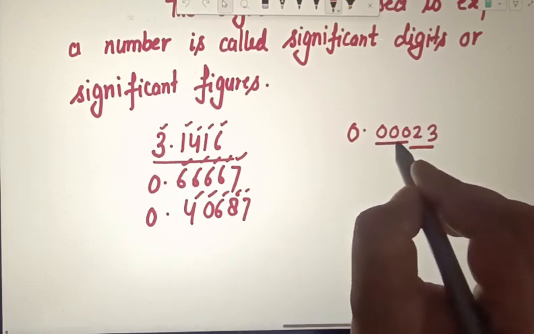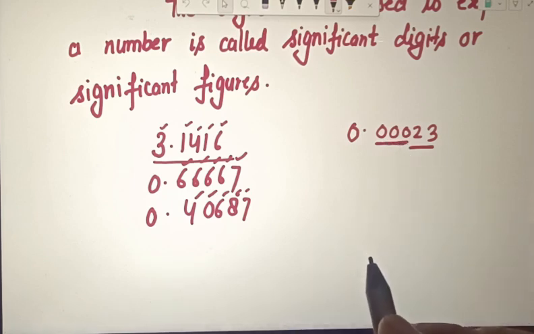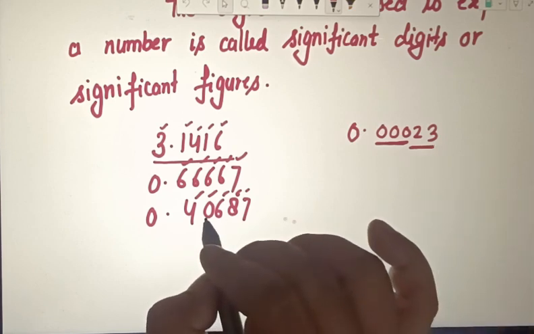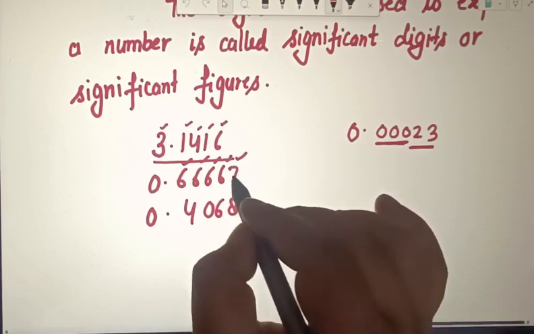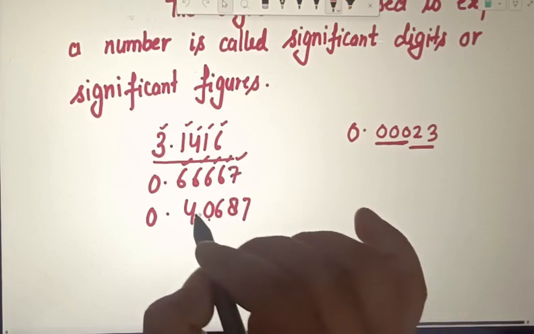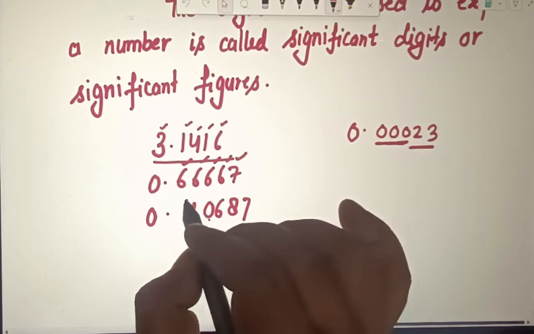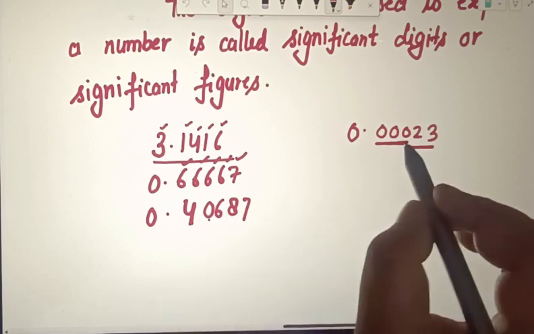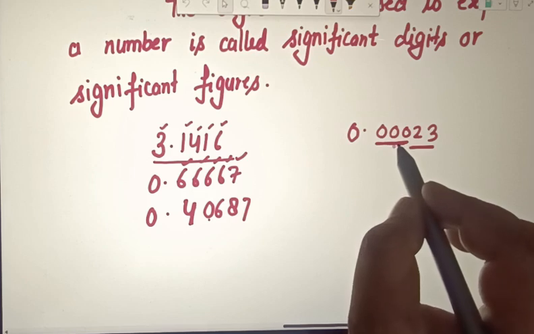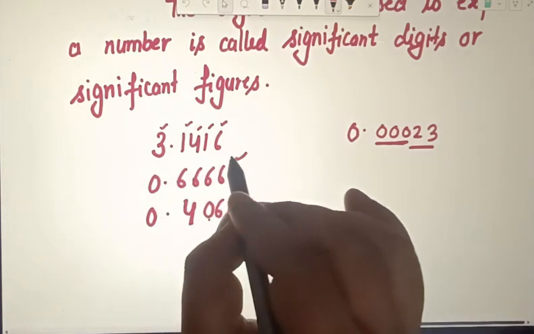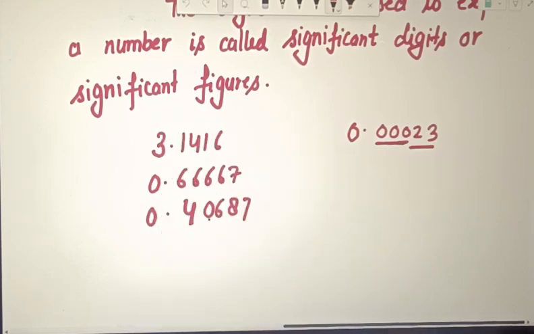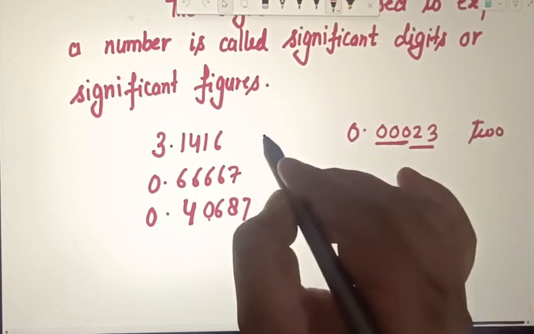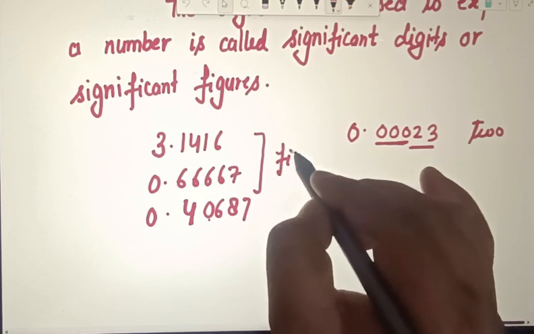These zeros play a role only in fixing the position of the number in terms of the decimal point. Here you can see this number starts with non-zero digits. So here the significant digits are 2, and in these 3 cases the significant digits are 5.